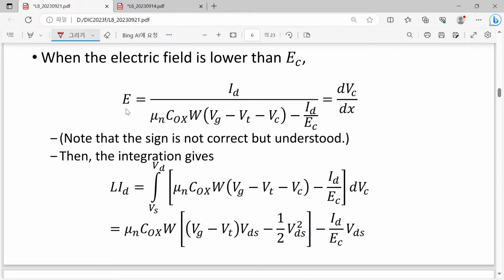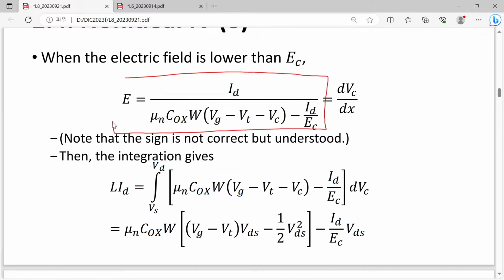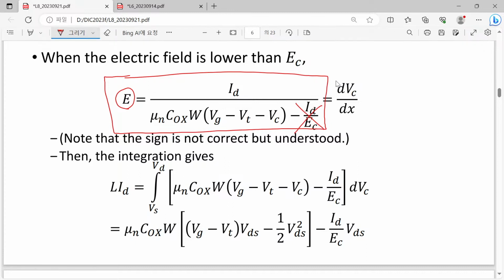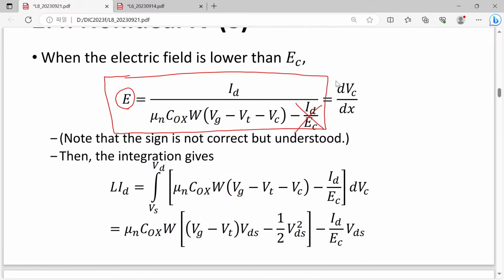When you have a look at this form here, that is nothing but to explain to you: when we express the electric field, previously we had nothing related to this term, but now, due to the introduction of the velocity saturation effect, we have some additional term. So now you can understand that it will do some magic for our velocity saturation effect.